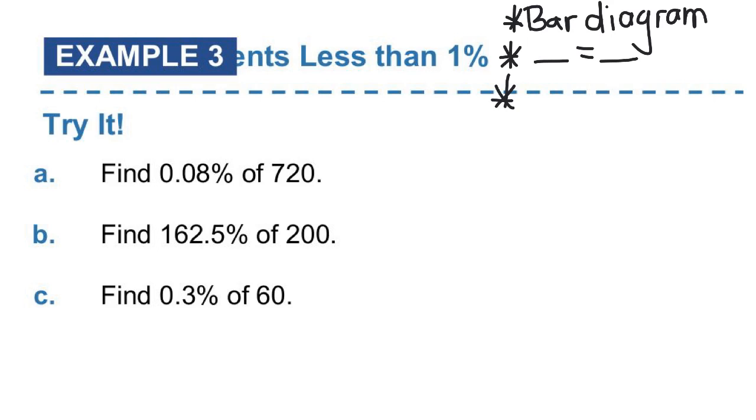And that is when we talk about the word of. You're going to see the word of here, here, and here. In math, of means to multiply. Now, if you're going to use this method, you have to change your percent to a decimal.